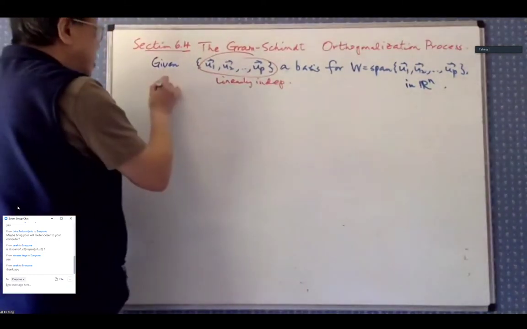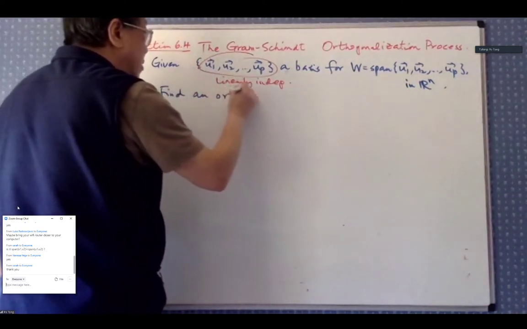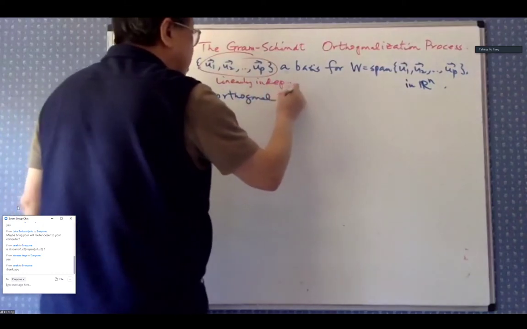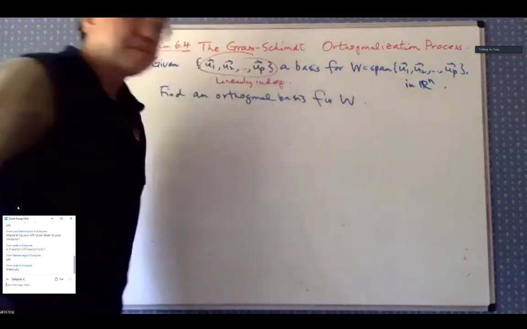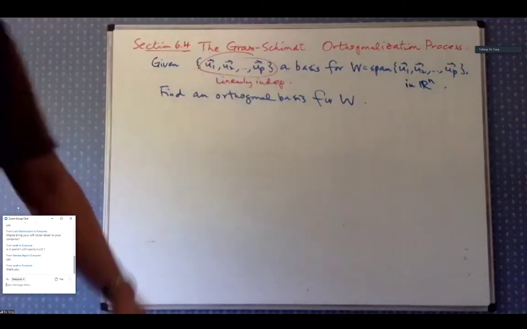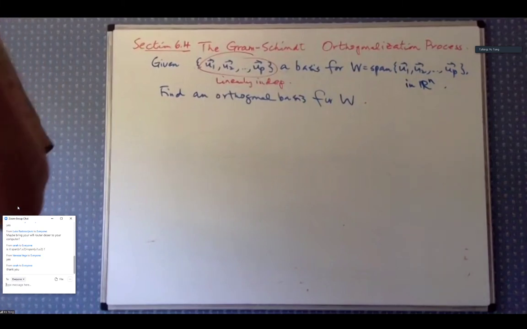Find an orthogonal basis for W. These are not orthogonal, but I want to find an orthogonal basis for W.